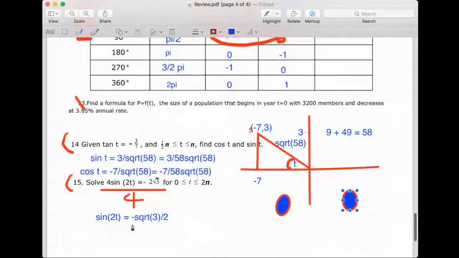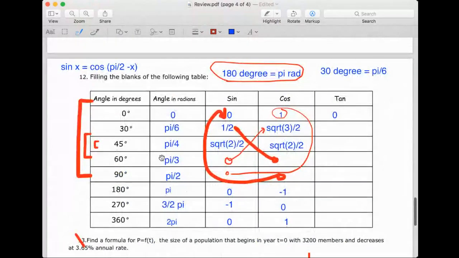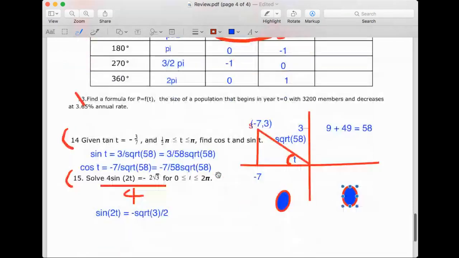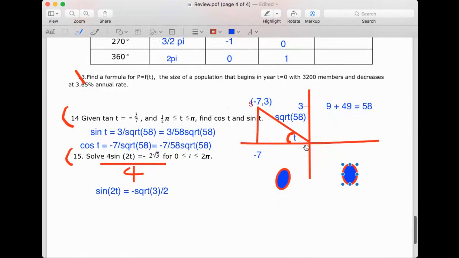Sine equals square root 3 over 2 represents 60 degrees or pi over 3, right? So in this quadrant, I would have the triangle go this way, with my reference angle here, which is 60.